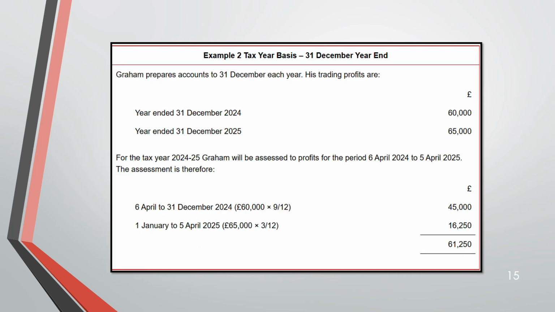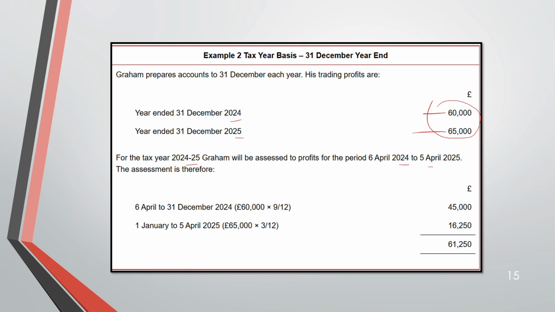So we'll go through example 2. Now Graham is preparing accounts to 31st December each year. Okay, these are his trading profits for 24 and 2025. So for 24-25, you have to apportion because both of these profits fall in that tax year. Some portion of this, some portion of this. So from 6th April 2024 to 5th April 2025.